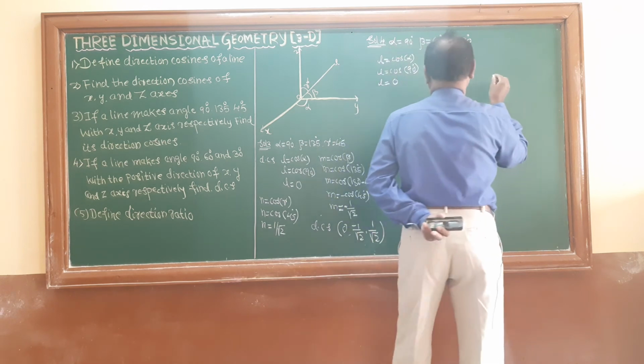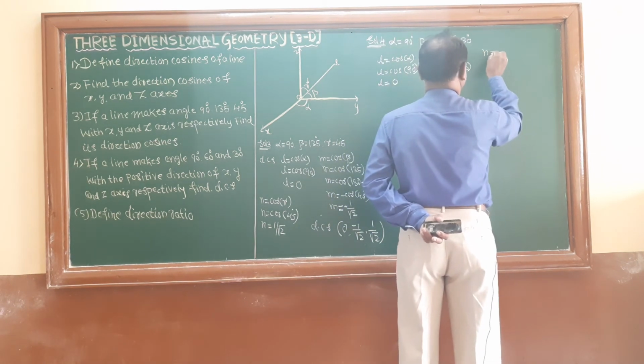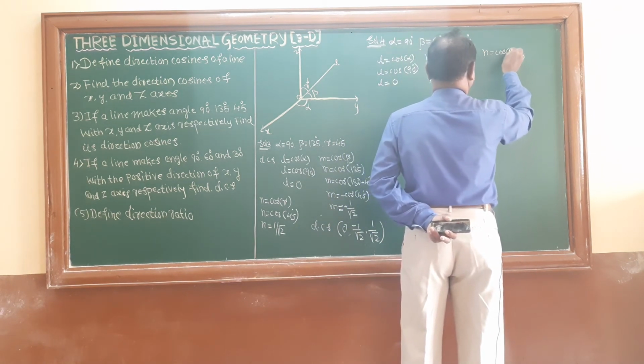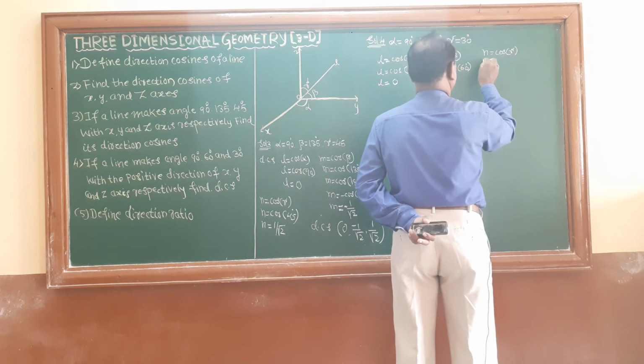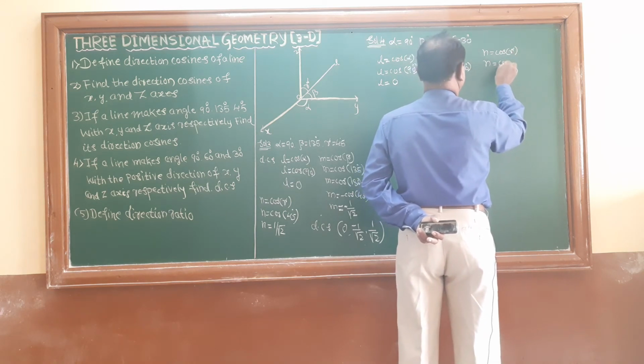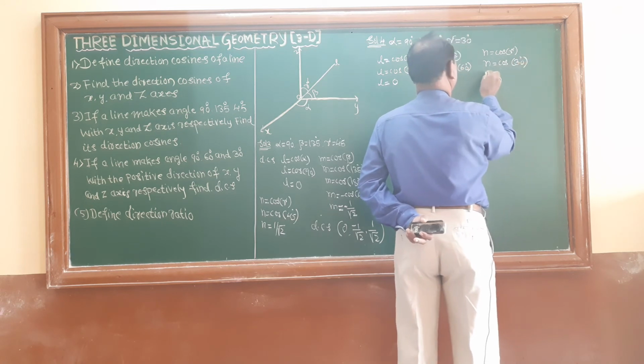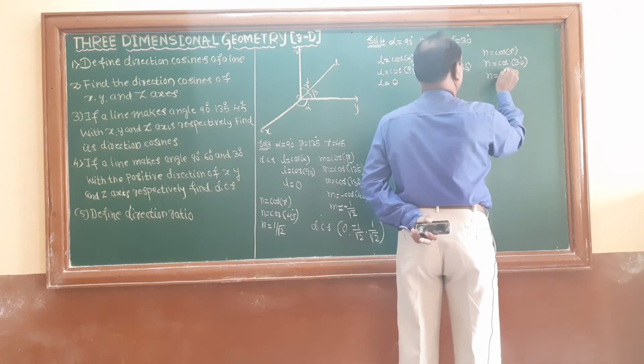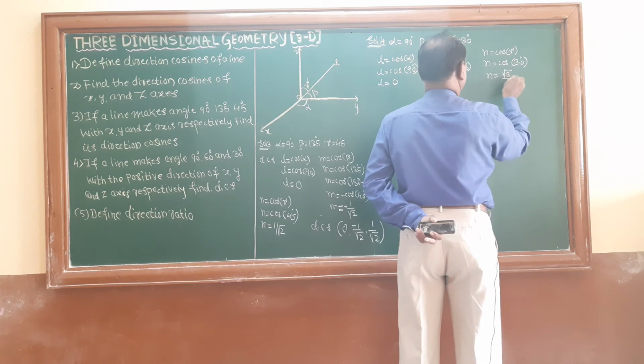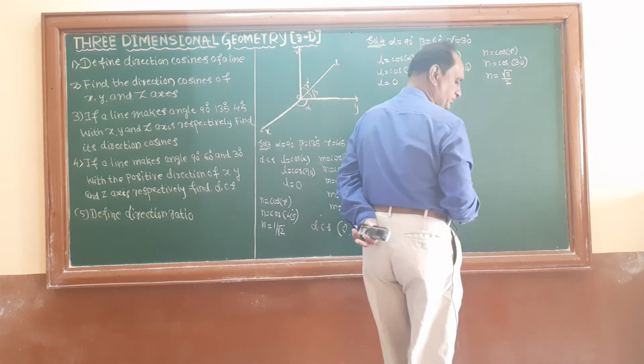Then come to the last, n is equal to cos gamma. Therefore n is equal to cos of 30 degree. Therefore n is equal to cos 30, that is root 3 divided by 2.